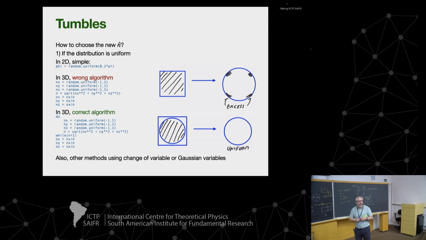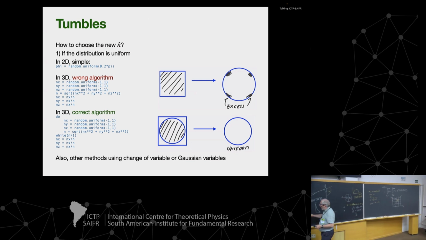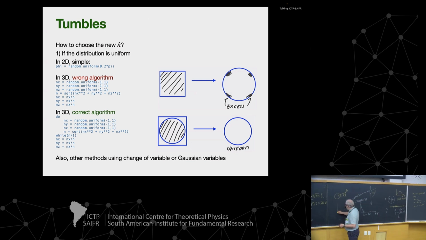Just to exemplify, if we implement it in the wrong way, what is the effect in the final simulation? I will mess it up with this distribution. For example, if I studied for a while a wetting phenomenon, I put walls and particles move and get attached to walls.